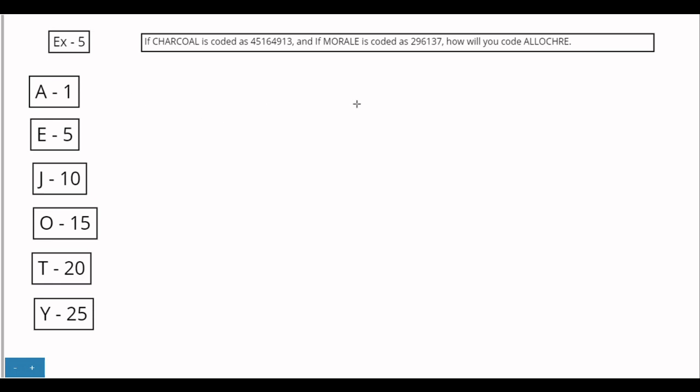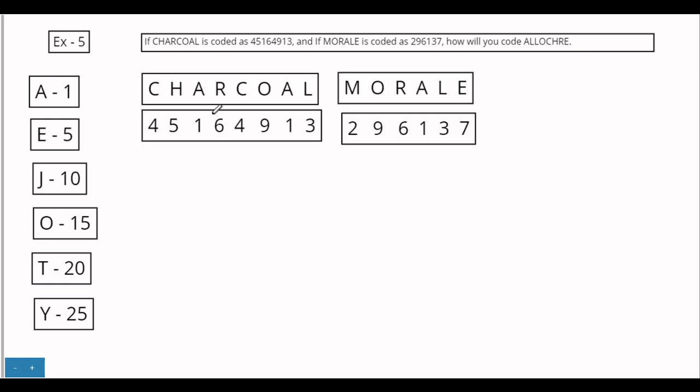We can prove that by seeing that A over here is 1 and A over here again is 1, and A over here again is 1. Even R, both times it comes, it has 6. Same for O, it is 9.